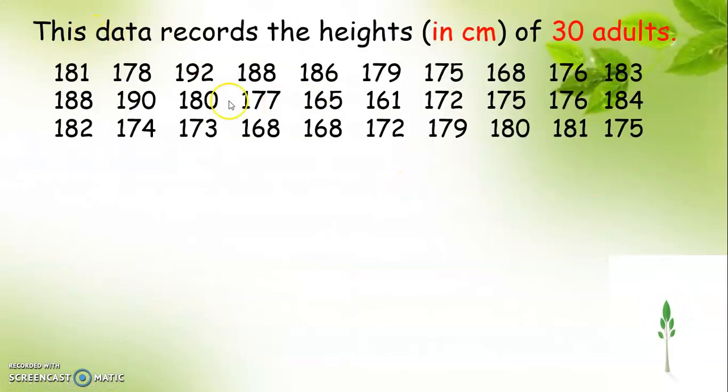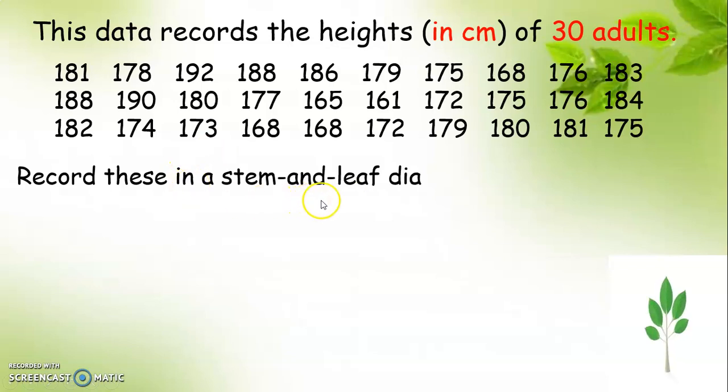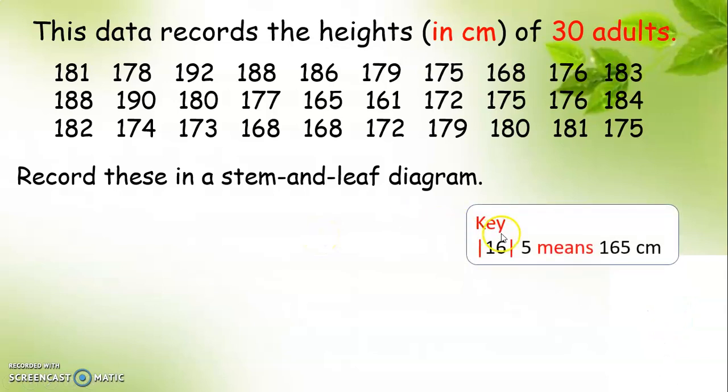Using the same data, we need to do it in a stem and leaf diagram. So how are we going to do it? First, we need to have the key. What does key mean? For example, since we have 3-digit numbers, we will use 2 digits inside this line.